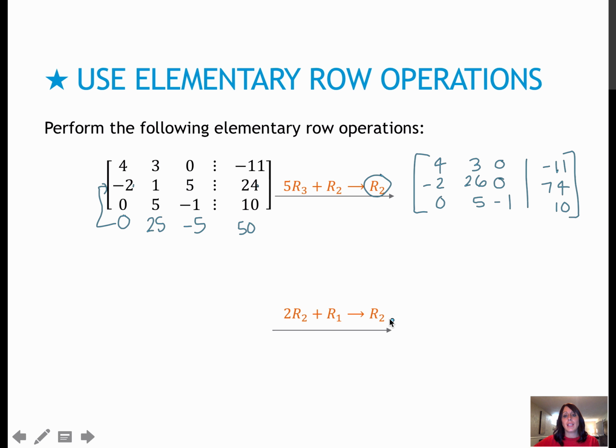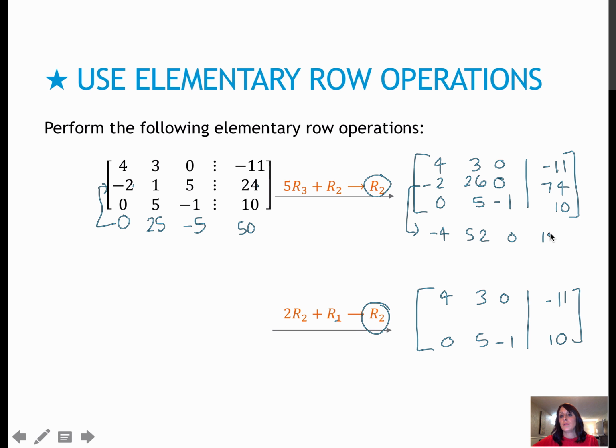For the other one, again, I'm replacing R2, which means R1, R3 will remain exactly the same. So not a bad idea to write those out. And I'm taking 2 times R2 plus R1. So 2 times R2, I'm going to go ahead and do that math down here. 2 of those plus R1.